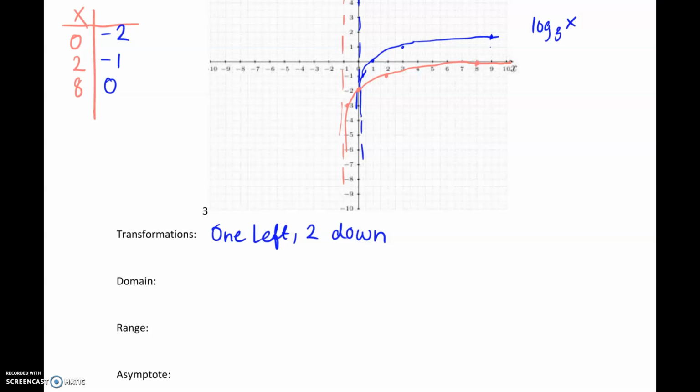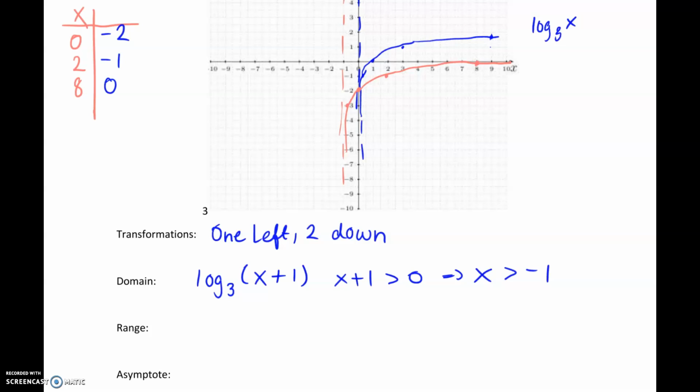Generally, our requirement for the logarithm is that we can only plug in values greater than 0. Over here, since we had log base 3 of x plus 1, we need x plus 1 to be greater than 0, which means that x is greater than -1.